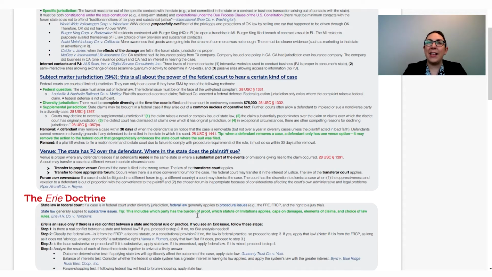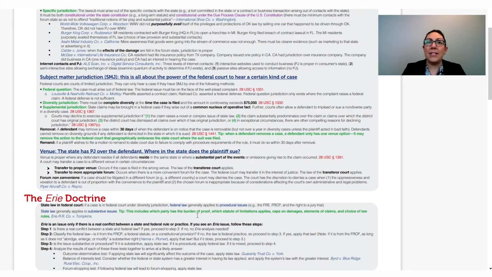Particularly if there's a complex issue of state law and the federal court system says, you know what, we could hear this claim because of supplemental jurisdiction, we just think maybe the state should handle it. This is their law. They know more about it. Let's just take a step back and let them deal with it.